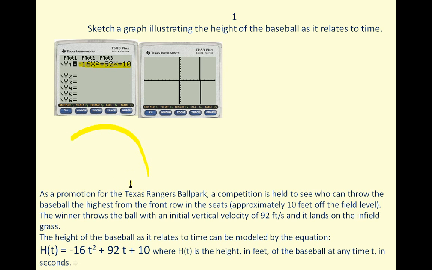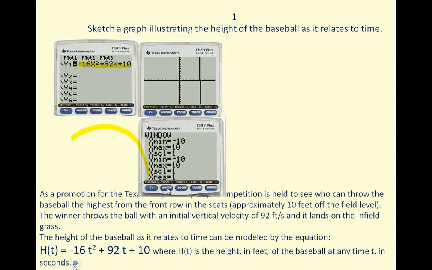And it certainly doesn't look like that's what's happening here. So what we're going to do is fix our window a bit, because if you push the window button, you'll notice that we are on a very standard screen, and that's probably not awfully helpful for this problem.